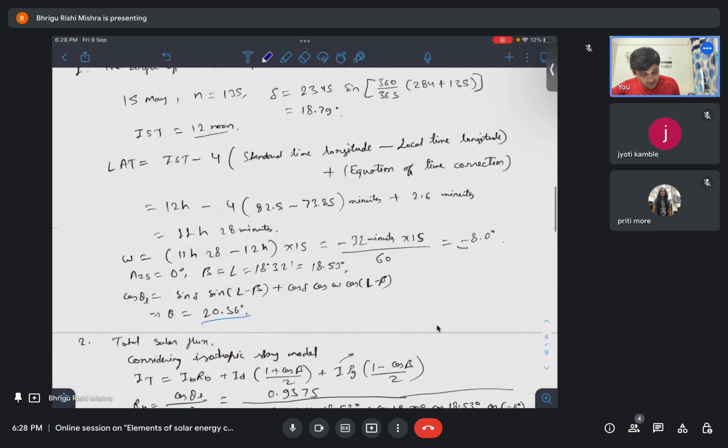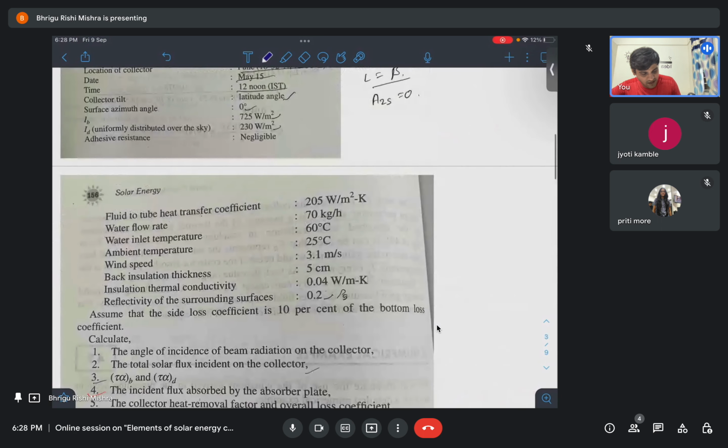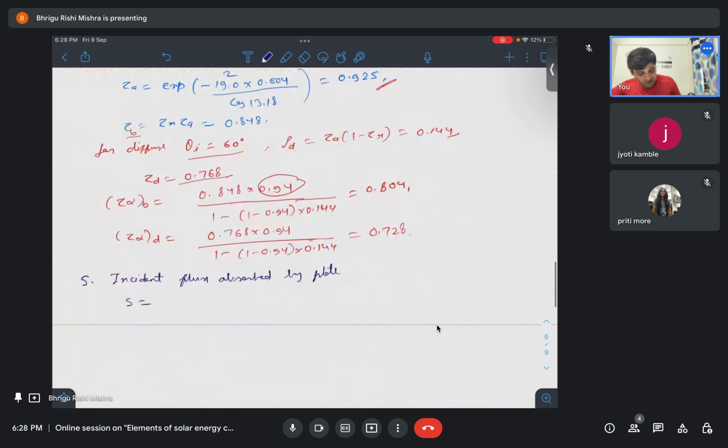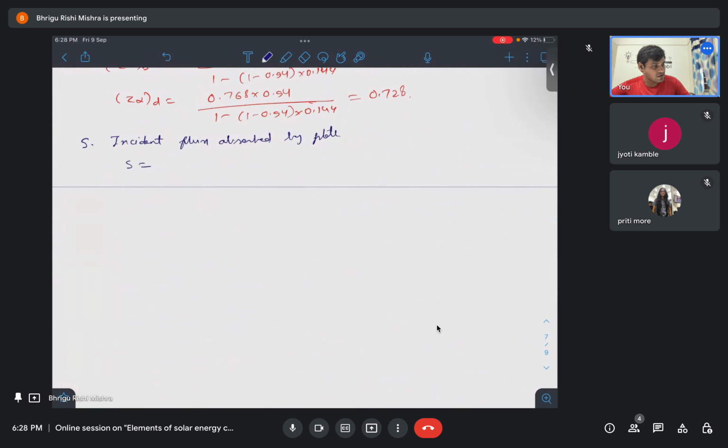We have the values of IB and ID, which are 725 watt per meter square and 230 watt per meter square.